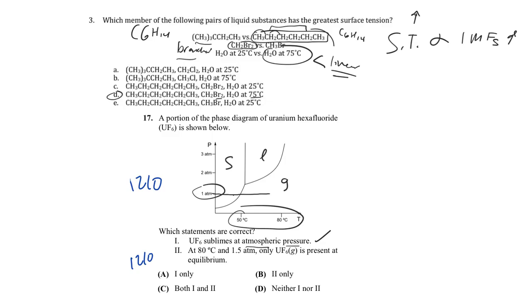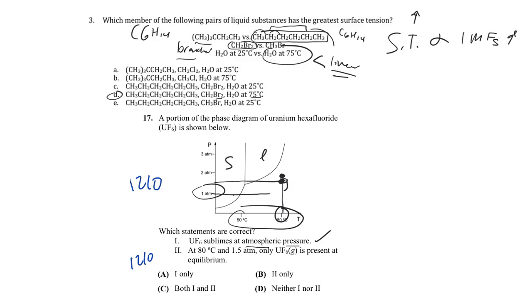If we look at a temperature of 80 degrees C and 1.5 atmospheres, that would be right about here in the graph. We're looking at about 80 and about 1.5, somewhere around this region here. What phase does that represent? Is that solid, liquid, gas? If it happens to be right on the line, then it would be the equilibrium between two different phases.